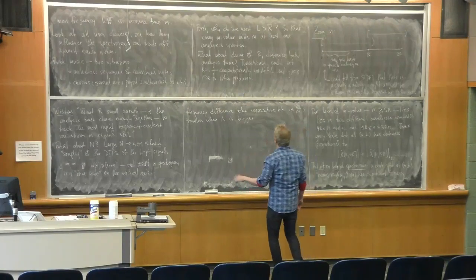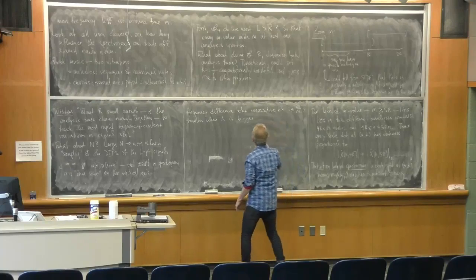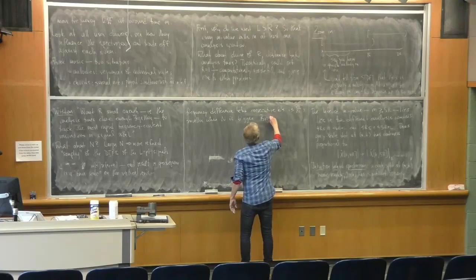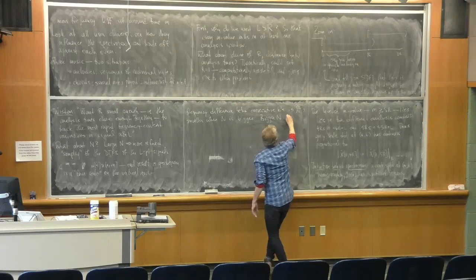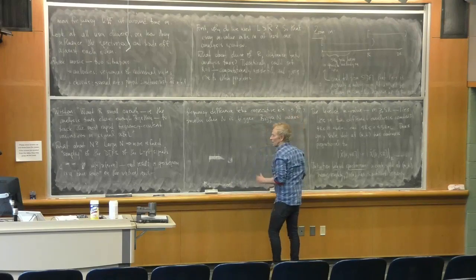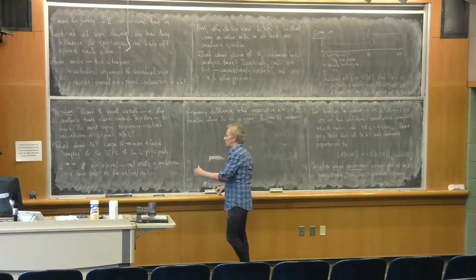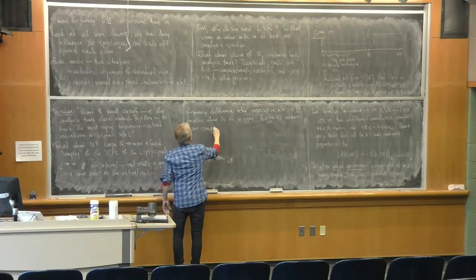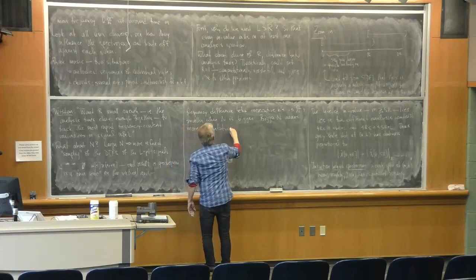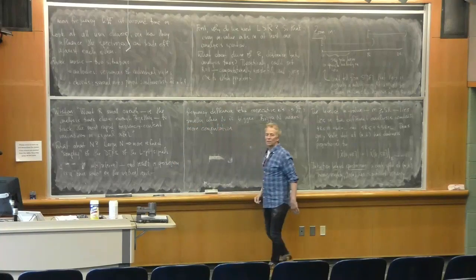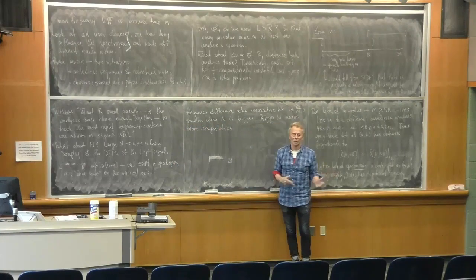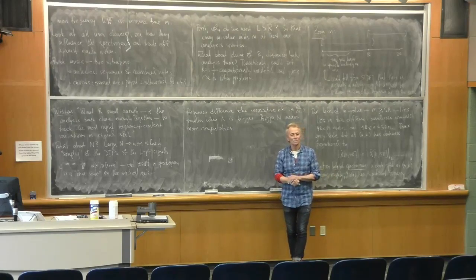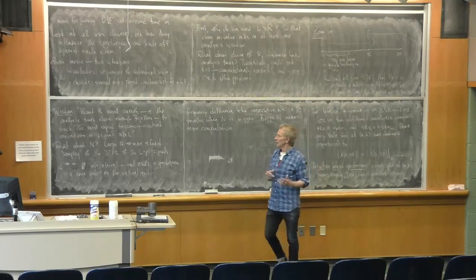You don't want to take N arbitrarily large, because bigger N means, just like when you take little n, more computation. So you have to trade off computational complexity versus what you're trying to do. Good? All right, so that's the only effect of N.